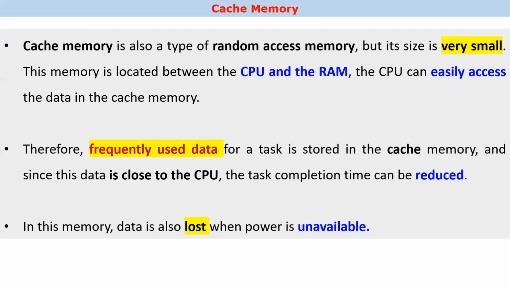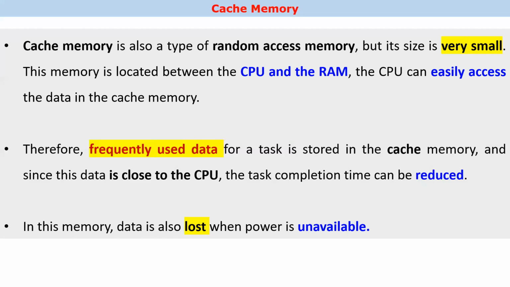Data will be lost if there is no power. Therefore, this is also known as volatile memory. Right. Here are the main points you want to remember regarding cache memory. The cache memory is very small, located between CPU and RAM, but in the latest processors, some part of the RAM is available inside the CPU and is easily accessed by the CPU.